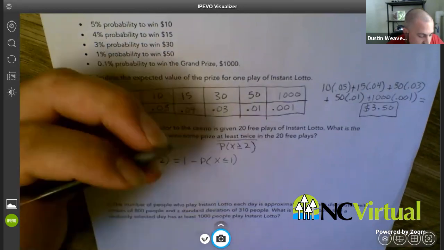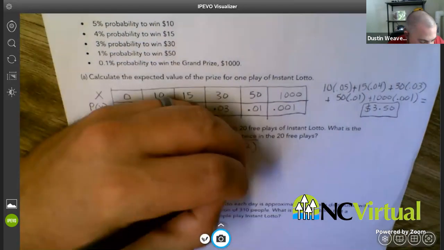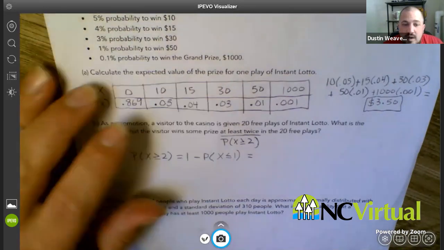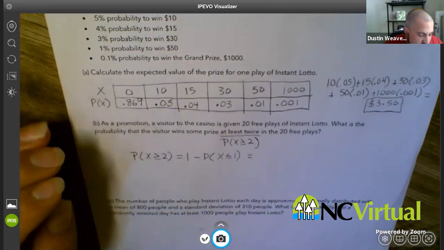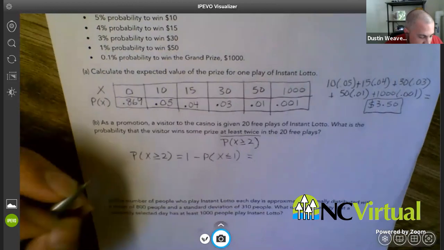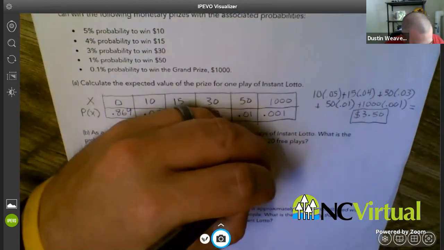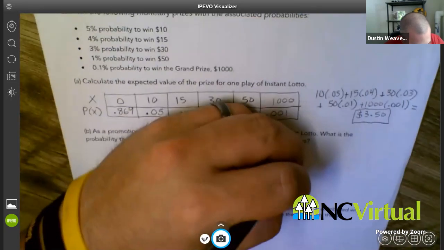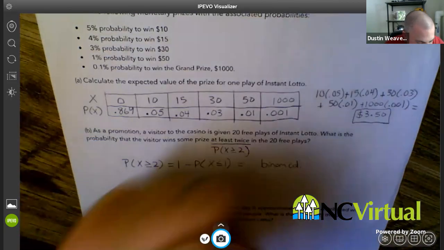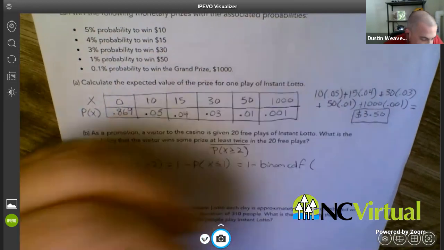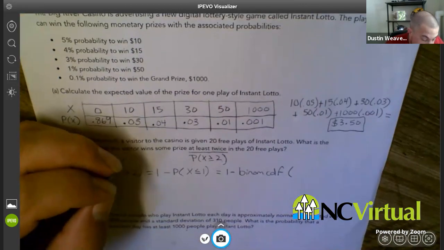Okay? Now, we want to find the probability X is less than or equal to 1, so we would do a binomial CDF. So it would be 1 minus a binomial CDF of them winning up to one prize.